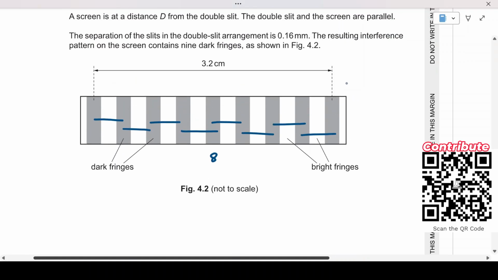So the value of x, the fringe spacing, the distance between two consecutive dark fringes, would be 3.2 divided by 8, which you can then convert into meters.